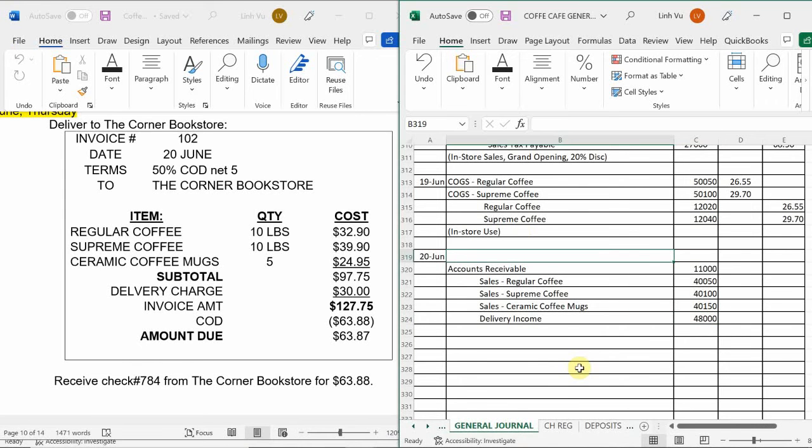The COD. Okay, that would go on the delivery income. So we got that right. We already got the delivery income, yes. So what else did we receive from the corner bookstore? We received a check.